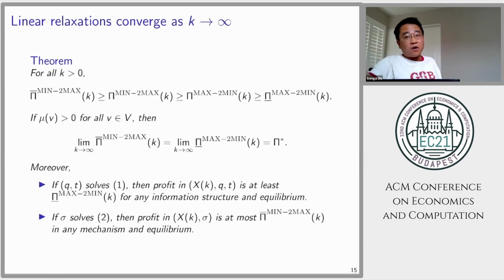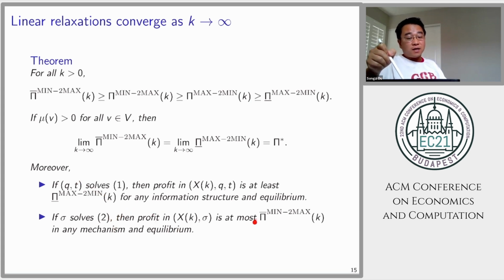Also, from our discussion earlier, if we get any mechanism that solves the bounding program for the max to min, we get a mechanism whose revenue guarantee is the value from that bounding program.